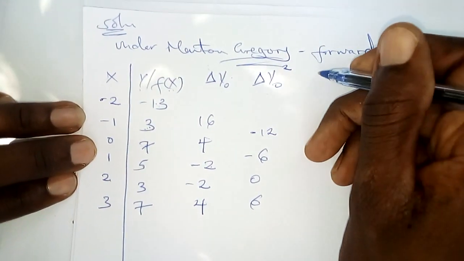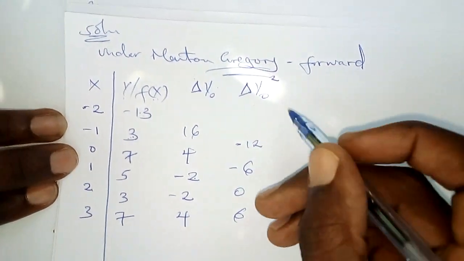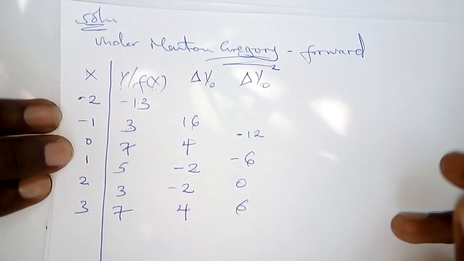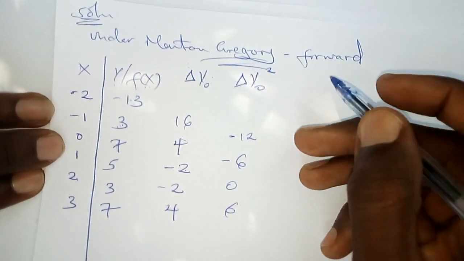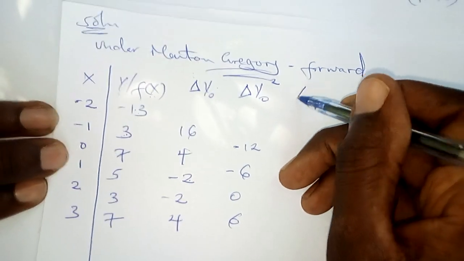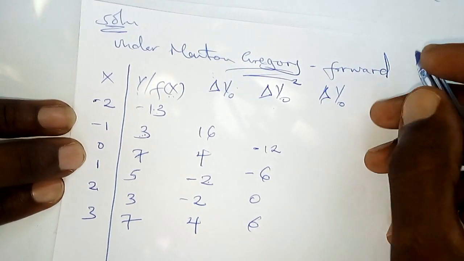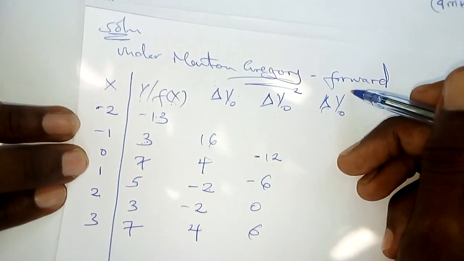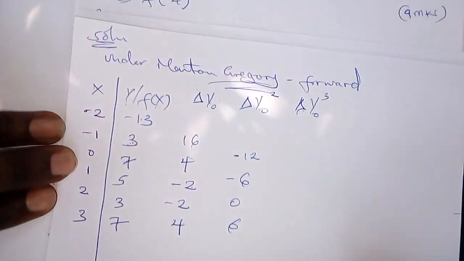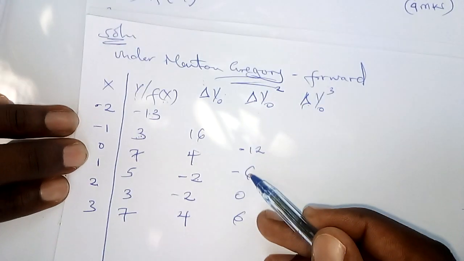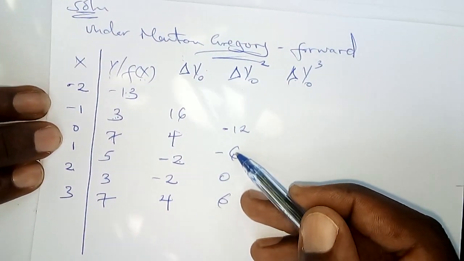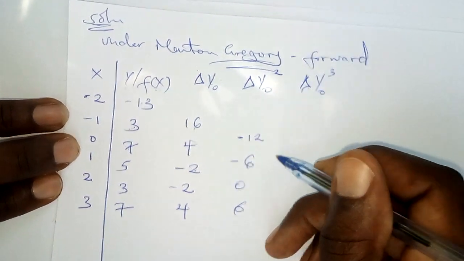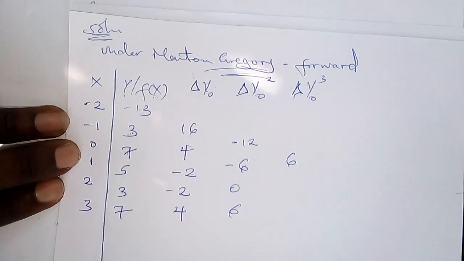Again we must find the constant, a figure which is constant throughout the column. So we are forced to move to find change in y naught raised to 3, or cubic. So we subtract -6 minus -12, which is 6.